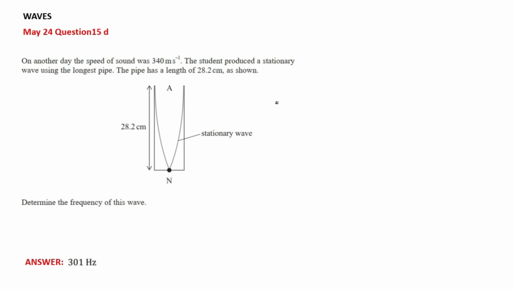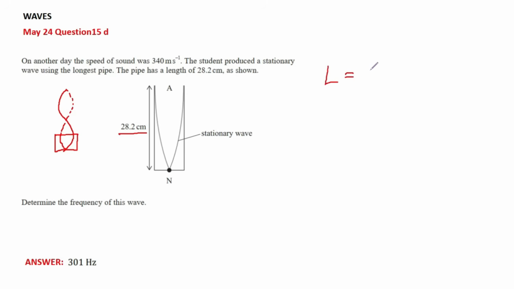This is very important, guys. So when you look at the shape, does this look like one complete wavelength? No. So let me draw a wave for you. And the length of the pipe is equal to just this part, right? So this would have been half of the wavelength, and half of half is 1/4. So this length is actually 1/4 the wavelength, right? So you work with this idea.